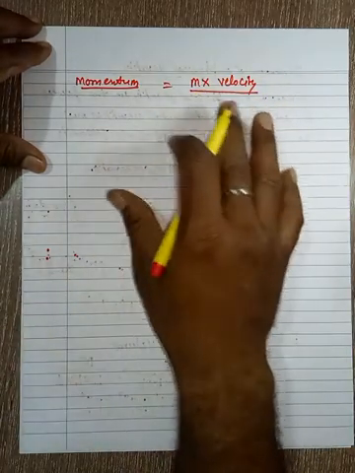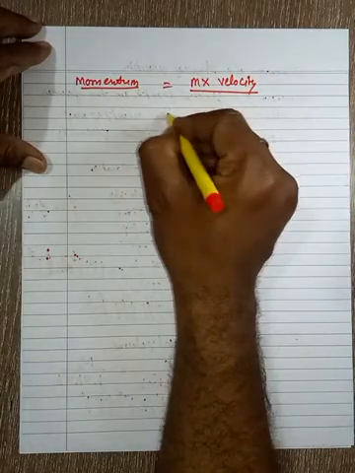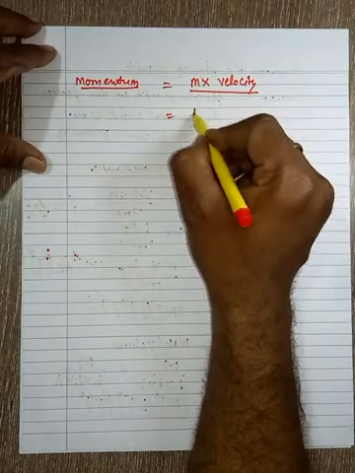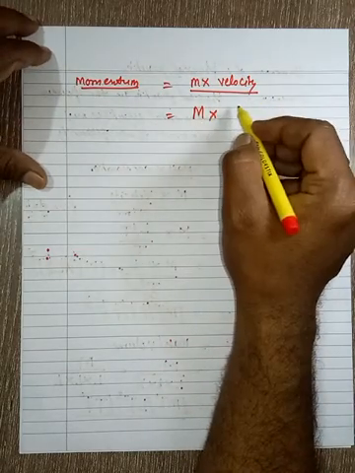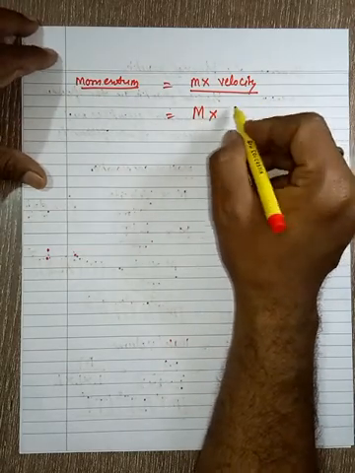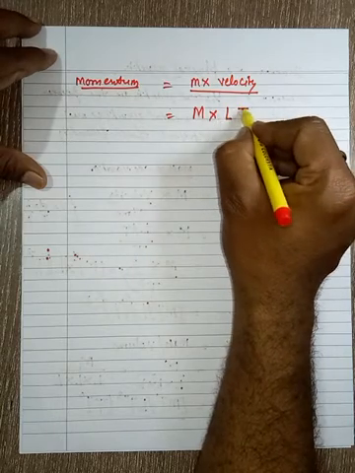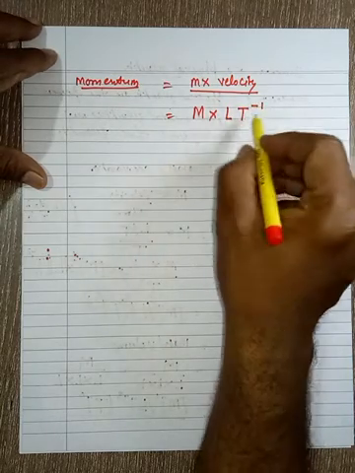So, how do we proceed now? For mass, capital M is there, and in place of velocity, it is nothing but L T to the power minus 1. When you calculate, you will come out with this.